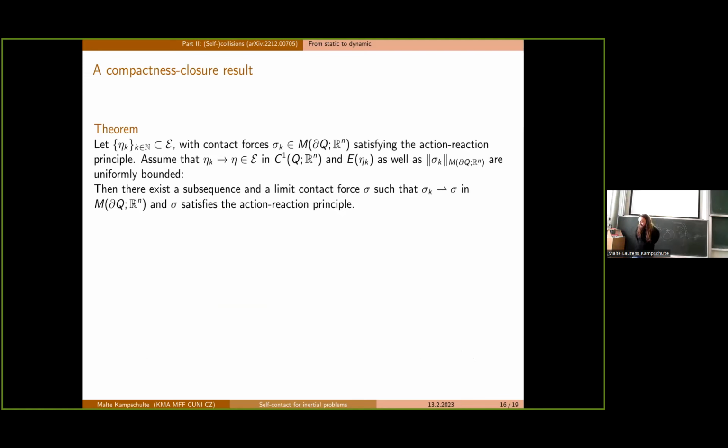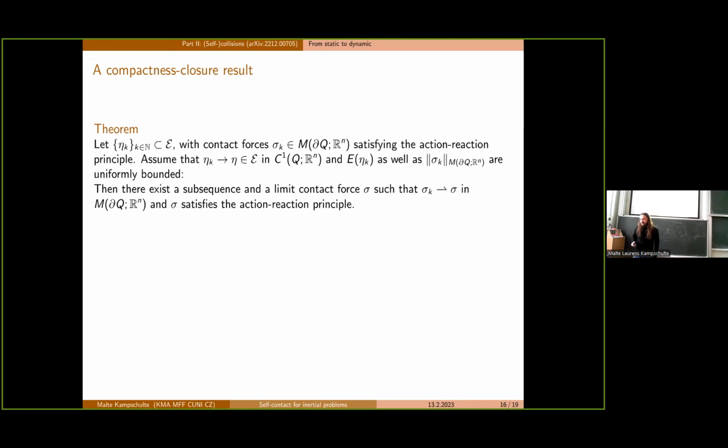Yeah, let me talk a tiny bit about this compactness closure result. So assume you have some nice contact forces, basically says, okay, if my deformation converges at least at level C1, which is again where the second order material comes in, because having some coercivity in the second derivative allows us to say that the first derivative converges nicely.